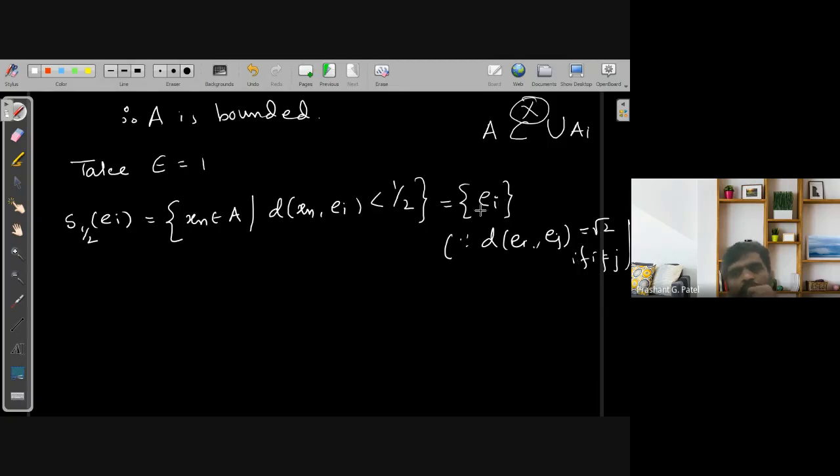So only one possibility is there. So the sphere of radius 1 by 2 will have only this e_i, only one point.